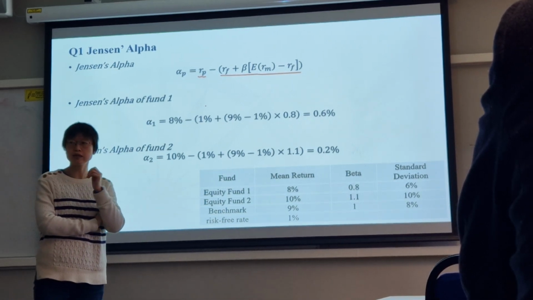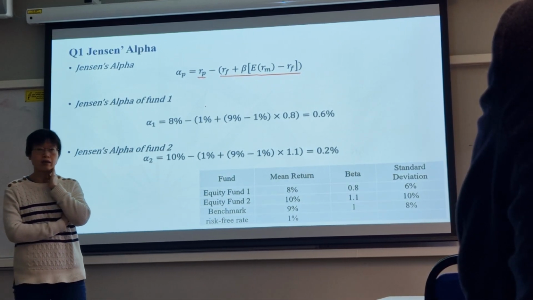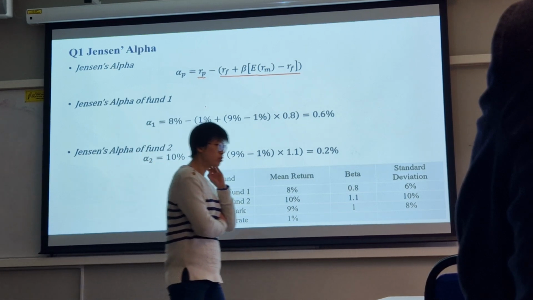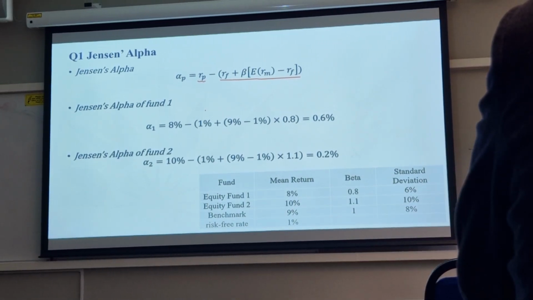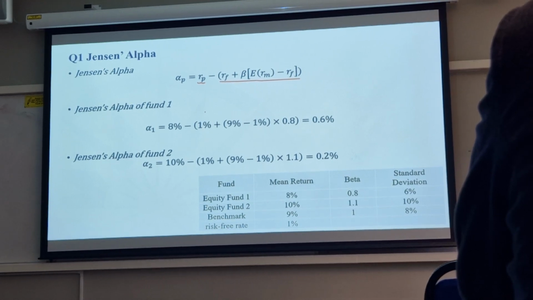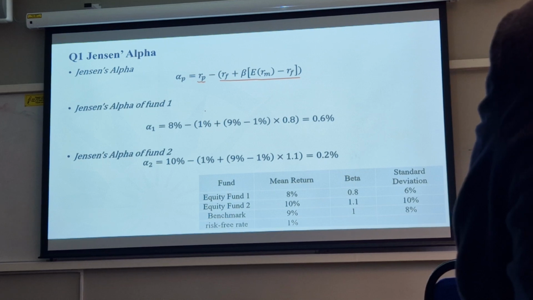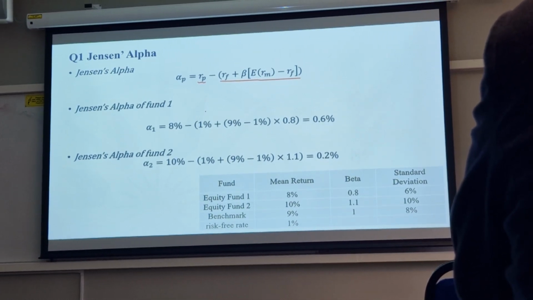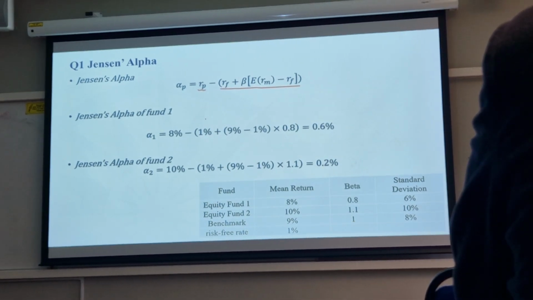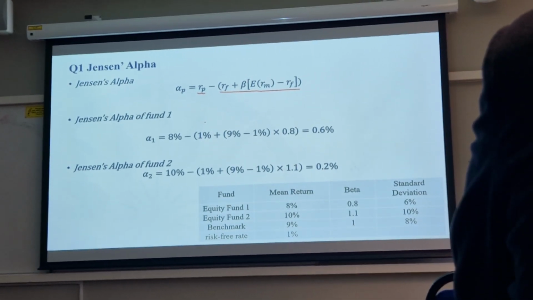So alpha indicates the abnormal return, right? Fund managers always seek a positive abnormal return. So if we have this kind of question in an exam, we need to calculate that correctly and also explain which fund performs better and why.